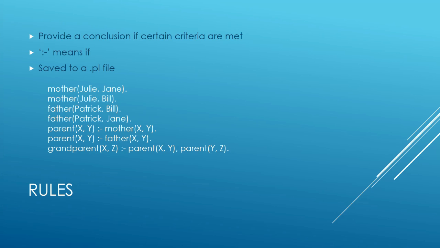Also notice how the two separate rules for parent of XY are interpreted as an or. So a parent of XY can be the mother of XY or it can be the father of XY.